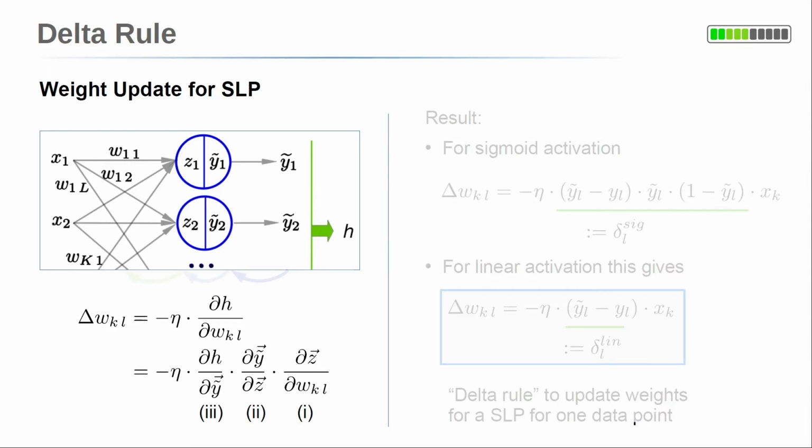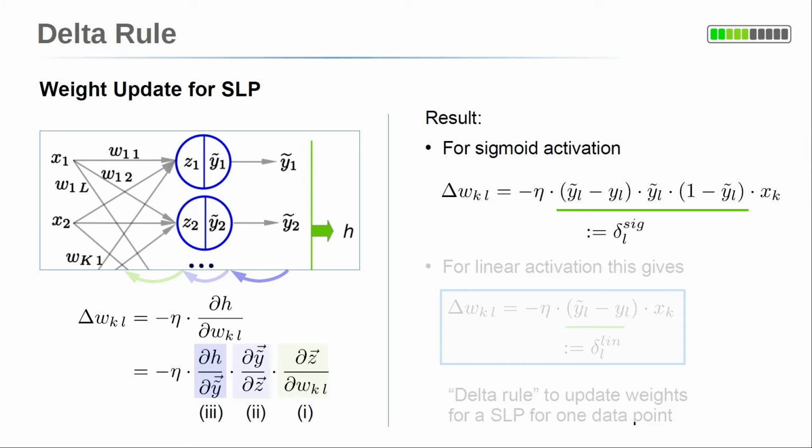The derivative of the cost function h with respect to the parameter w_kl is the derivative of the cost function with respect to the neural network's output vector y tilde, times the derivative of this vector with respect to the summation vector z, and this times the derivative of this vector with respect to the parameter w_kl. We need to calculate all of these three contributions.